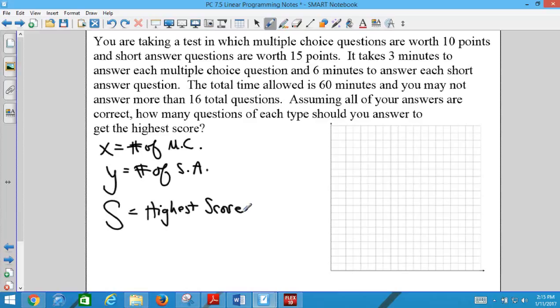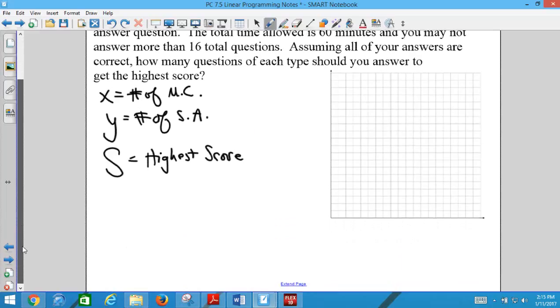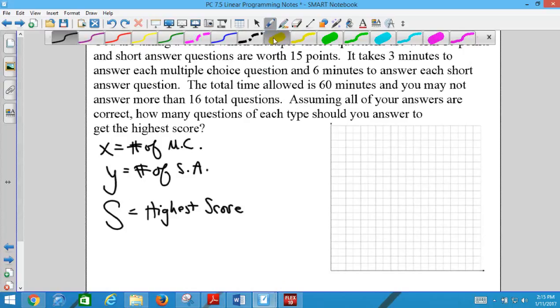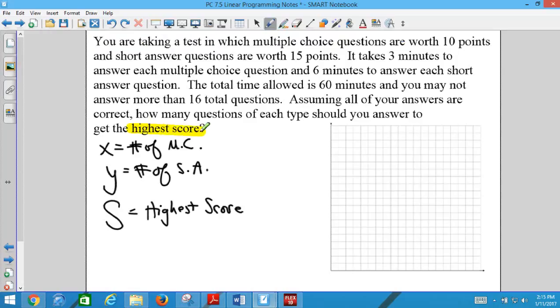All right, so we got our variables. What's next? The objective function, so our score. How are we going to get the highest score? So the score has to do with points. So you look up here, what up here, and color code. Highest score has to do with points. What up here has to do with points?